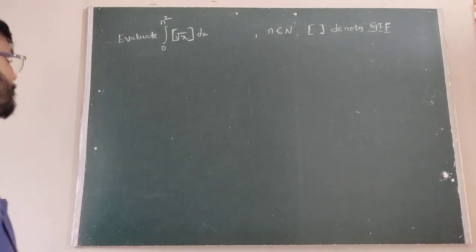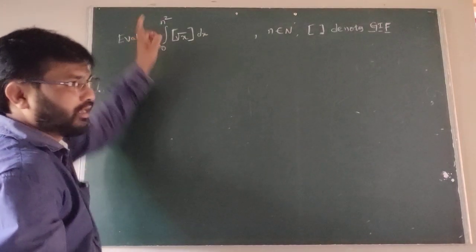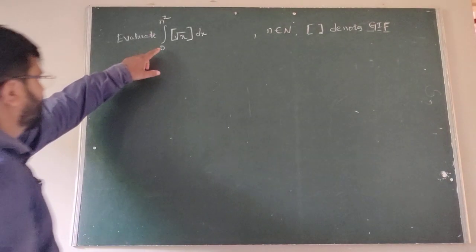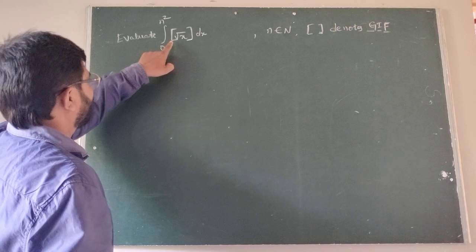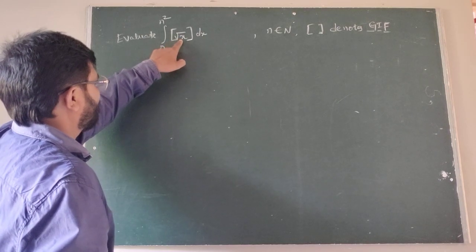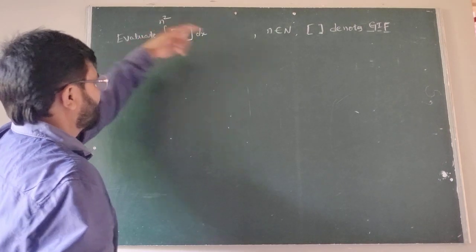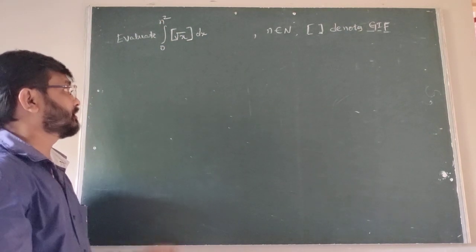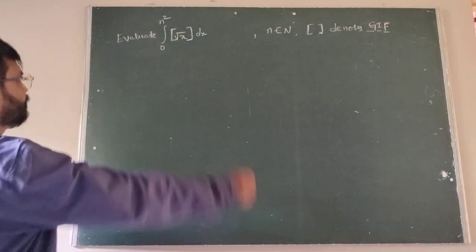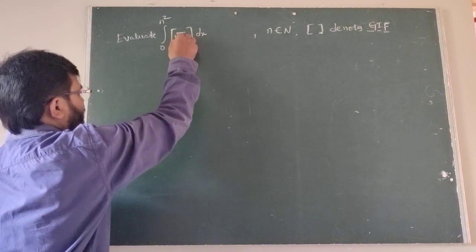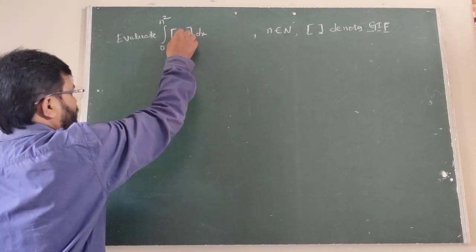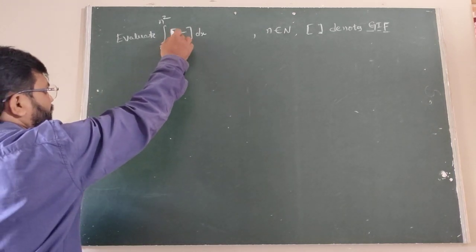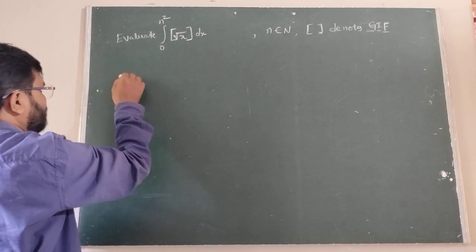Evaluate the integral from 0 to n square of step of root of x dx, where n belongs to the natural numbers and step x denotes the greatest integer function. We have to consider 1 square, 2 square, 3 square up to n square.